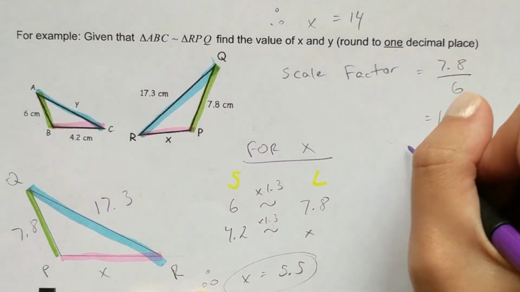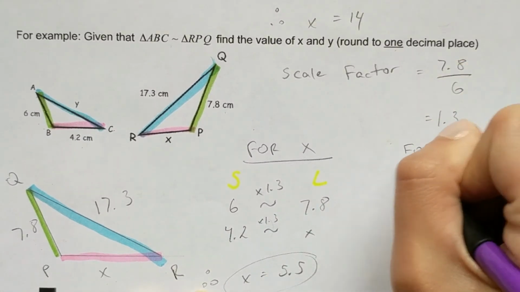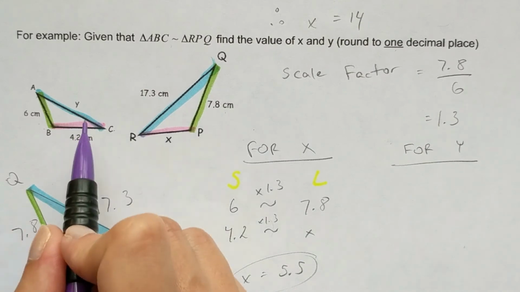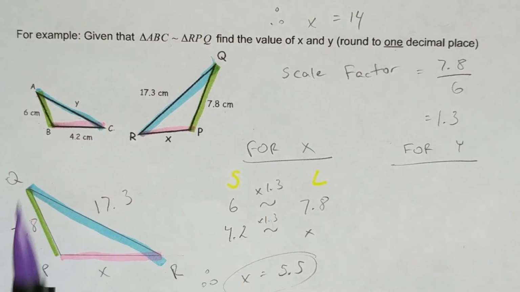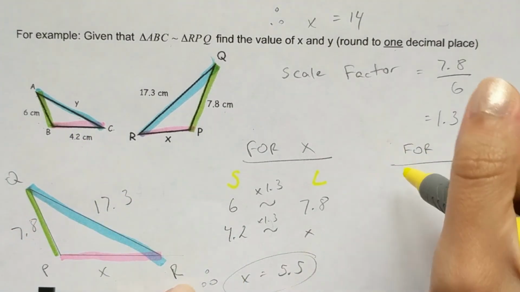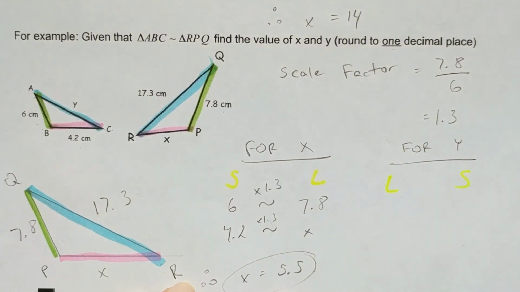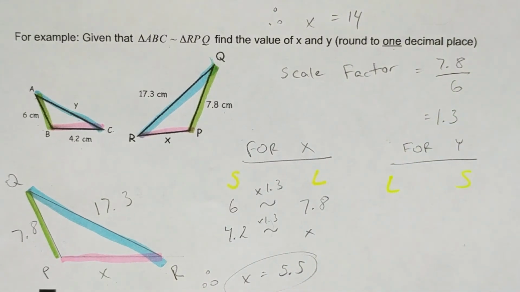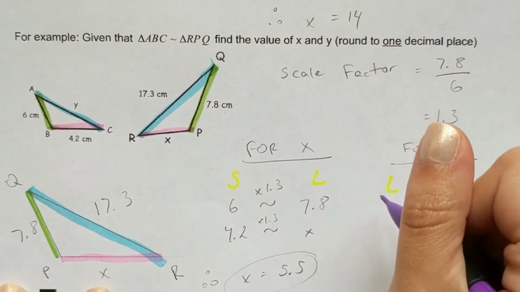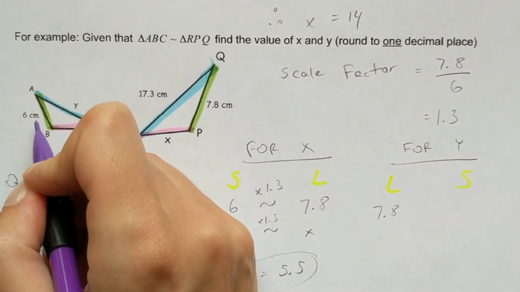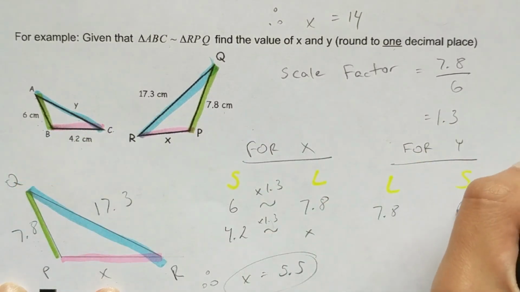Now let's do this for Y. Y is in my smaller triangle, which means I have to start from large and go to small. Again, I'm going to use my green side because that was the information from the question, so it is the most accurate. The green side here is 7.8, and my small side is 6.